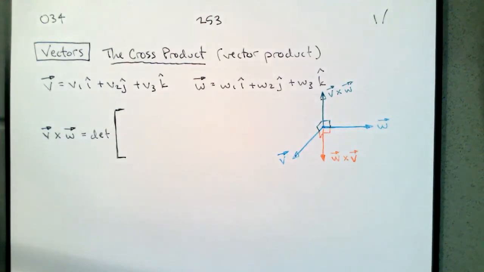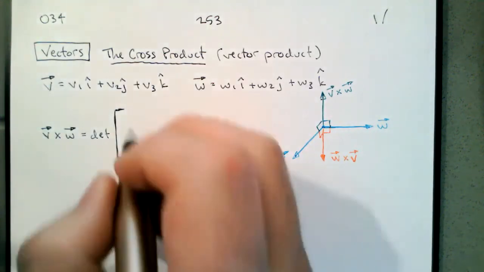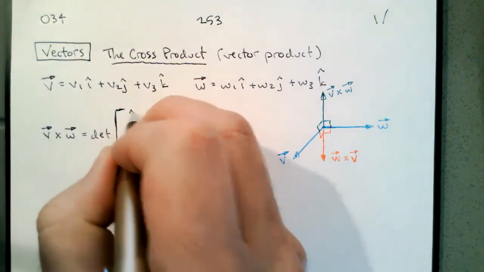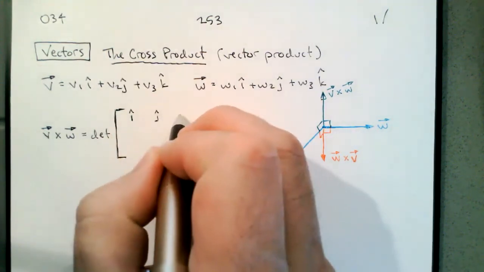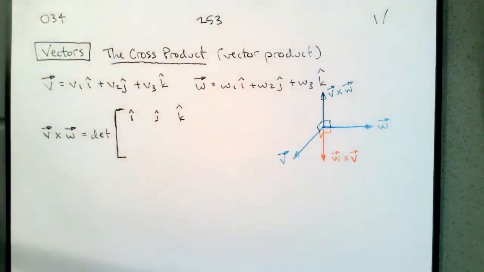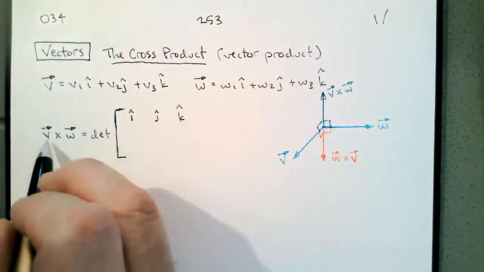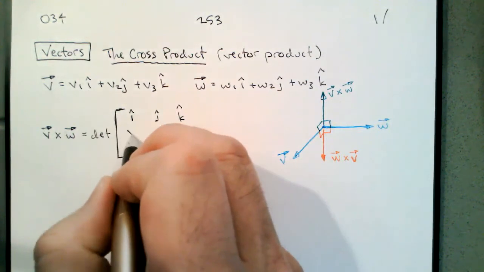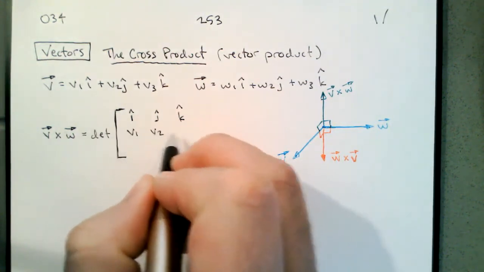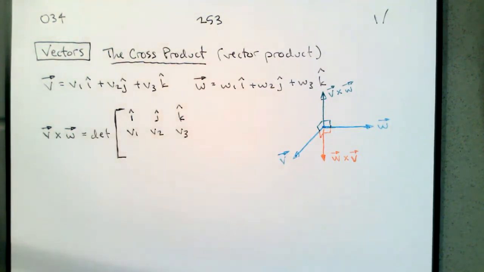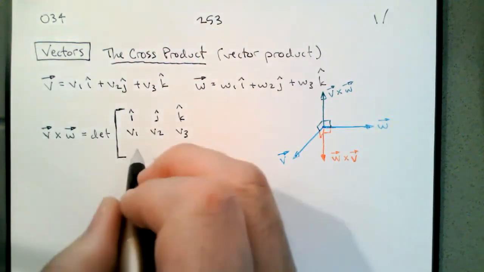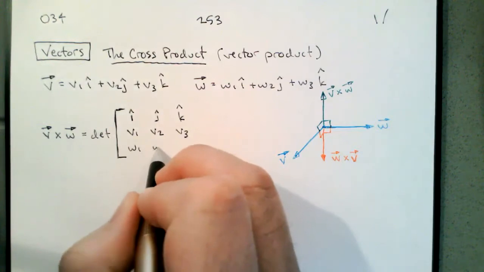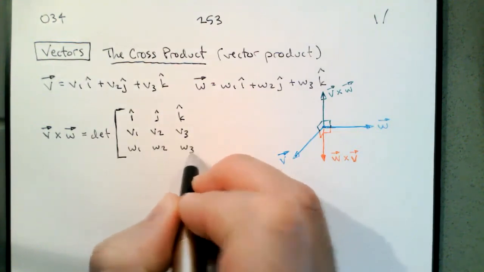On the first row, we put i, j, and k. On the second row, we'll put the entries in vector v, so v1, v2, v3. And in the third row, we put the entries in vector w, so w1, w2, w3.